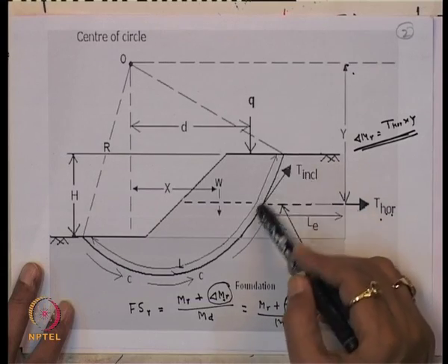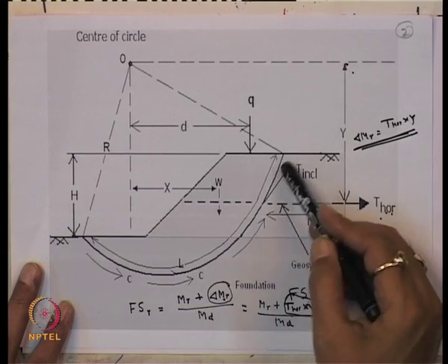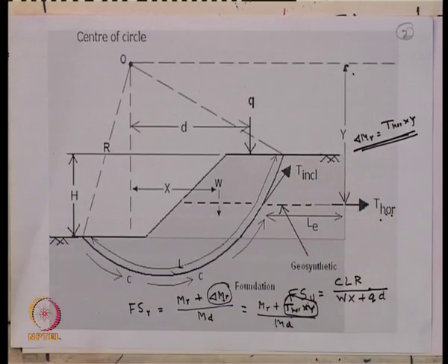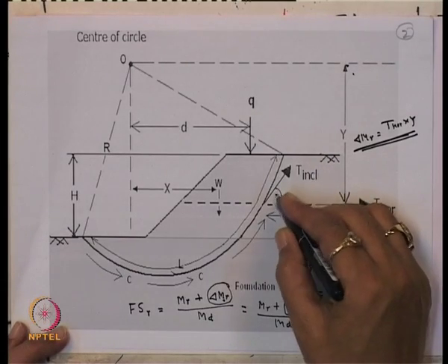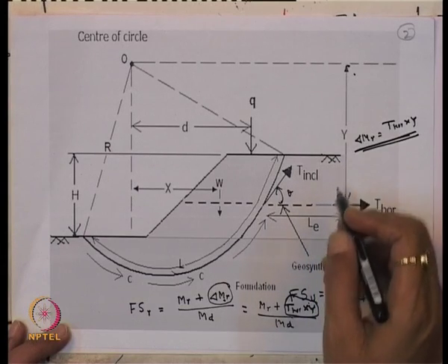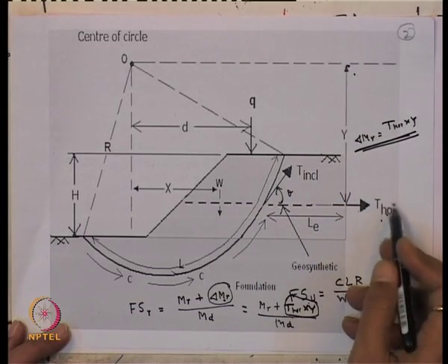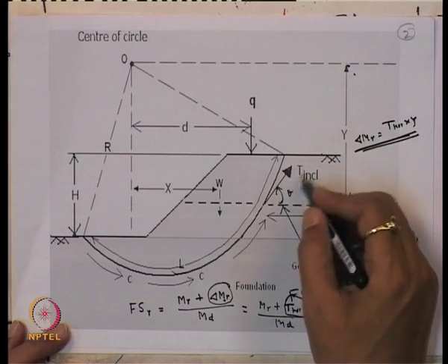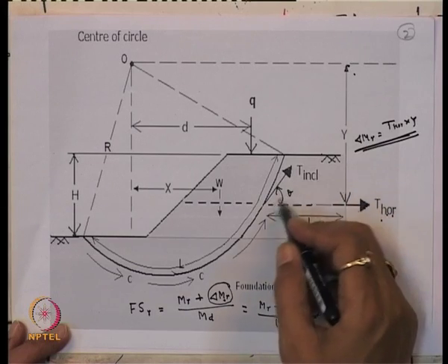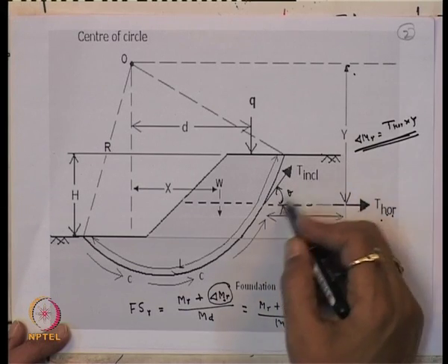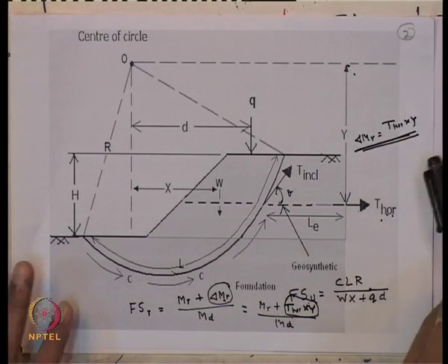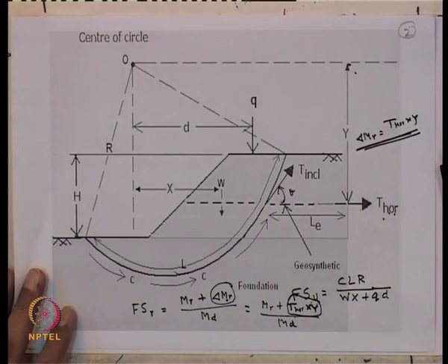It may be tangent to the failure surface, T inclined, or at some angle in between. You can optimize this angle and calculate it. In the horizontal direction it can give more value, but T inclined may give less value. You also have to optimize and find out what tensile strength of the geogrid material is required for a stable slope. So this also is to be taken care of in design.